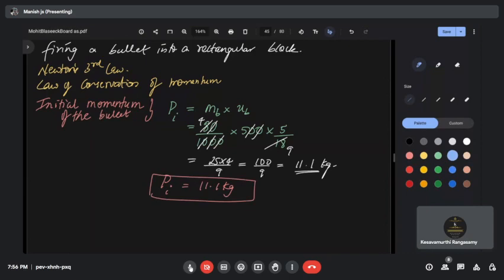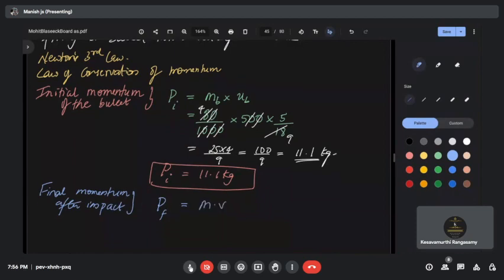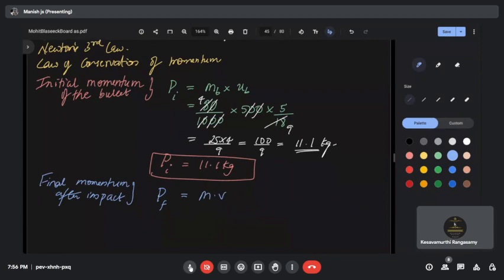Now, what is the final momentum? Next, we need to find out the final momentum after impact. How do we find it? The formula for momentum, as you know, is mass times final velocity. Now what is the mass involved?